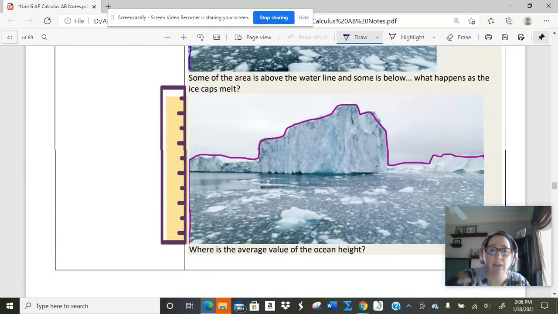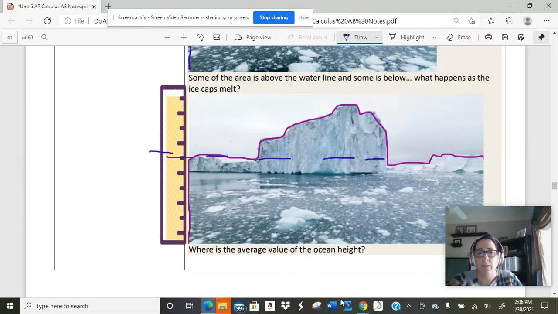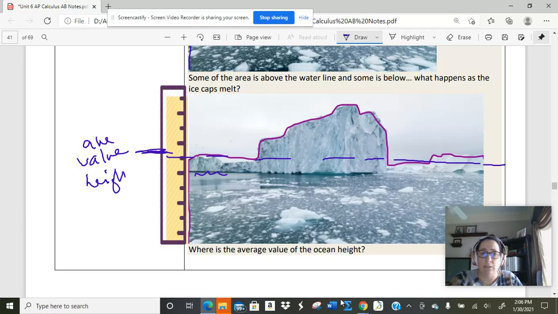And so we're going to look and say, once all of these melt, what is the new water level going to rise to? So what is that average value of the height here? What's that average height of the water going to be? That lets me know that the water level is rising, it may go out to the land, and I need to know this.